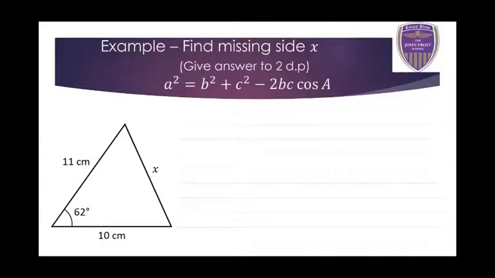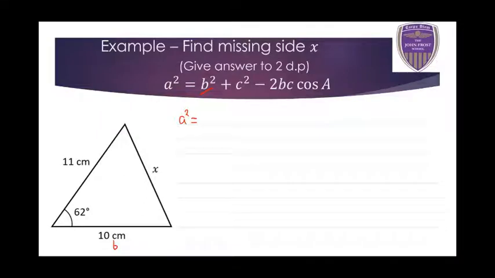We need to find missing side x of this triangle, and we're going to give our answers to 2 decimal places. Before we do that, we need to look at the formula and know what information we need. Obviously we're trying to find a, so our formula will start off with a squared equals. Let's go through the rest of it. What is b? If you remember, we labeled the 10 centimeters side b.